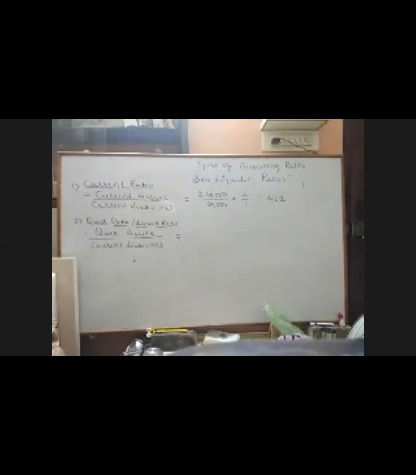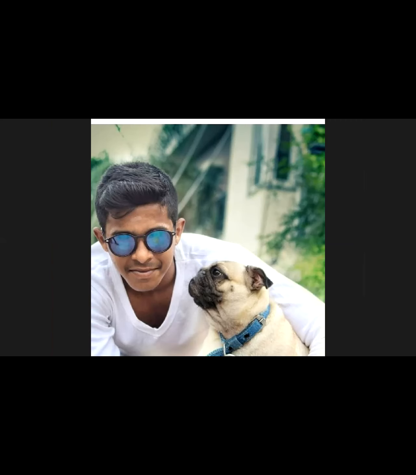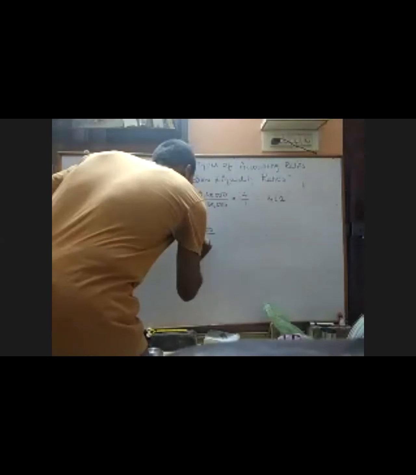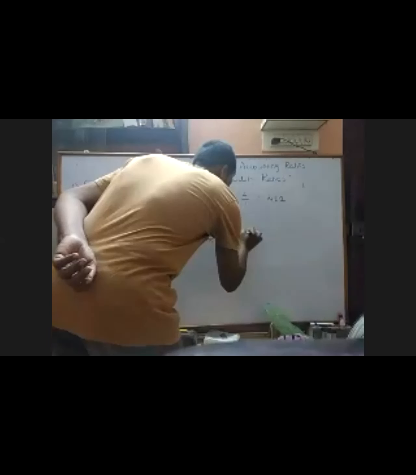What is the amount of quick assets? 1,20,000 divided by 60,000, which gives us 2 by 1, which is nothing but 2:1.